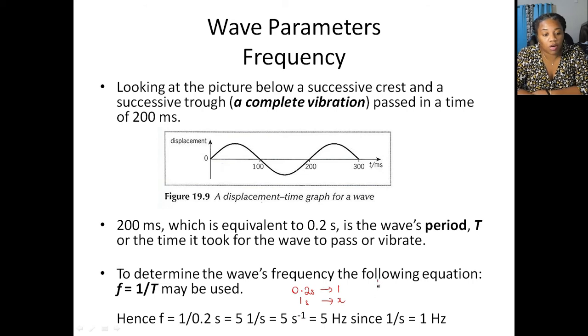So you would say 1 second times 1 over 0.2 seconds. And see, it's the same thing. You're going to end up with 5 hertz. Okay? So you're going to end up with 5 hertz. Good. And that's what we get.